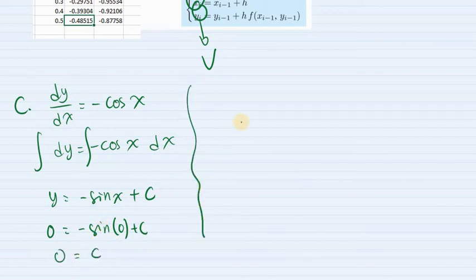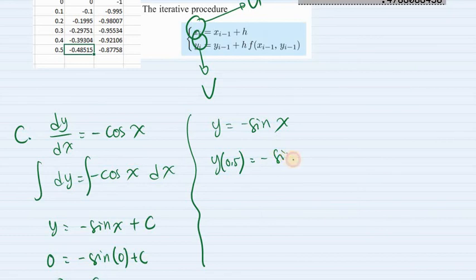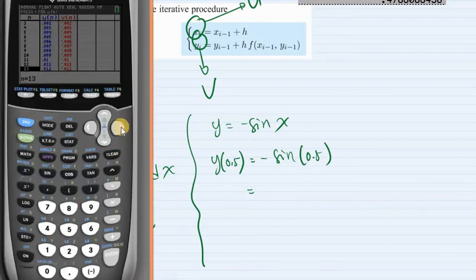So from there we have the equation y equals negative sin x, and if we input 0.5, y of 0.5 equals negative sin 0.5. Let's input that into our calculator.